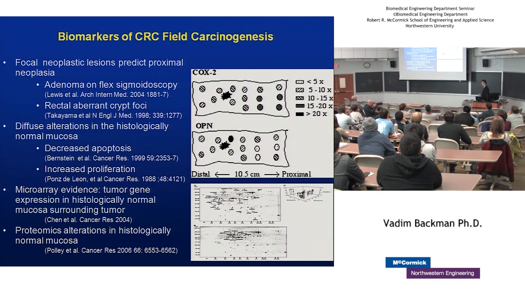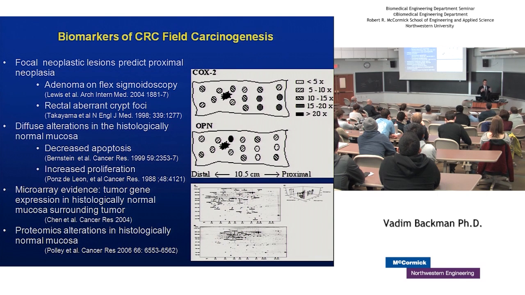There have been a number of markers of field carcinogenesis found, molecular, including microarray, proteomics, cellular alterations, but the problem was they're all essentially pathway specific. And there are at least 14 different pathways that may lead to colon cancer.